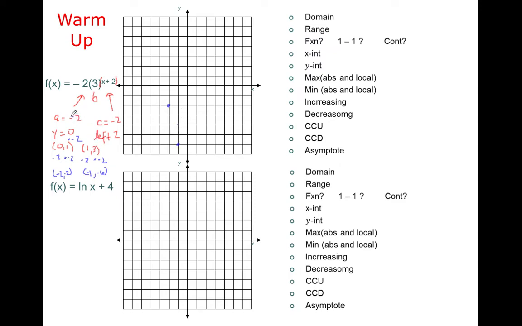Now remember, a is negative, so I've been flipped. The horizontal asymptote didn't go anywhere. And I'm still going to slide, swoosh.